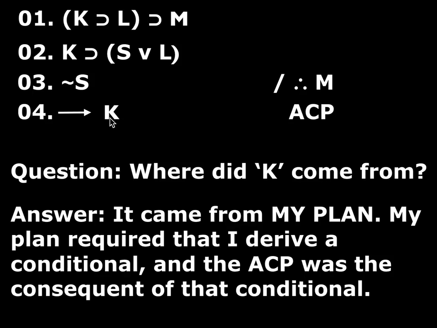But that's fine. If you asked where my ACP came from, the answer would be, well, it came from the fact that it was the antecedent of the conditional I decided I wanted, even if that conditional wasn't for any purpose. So the answer is always that it came from your plan. Okay?